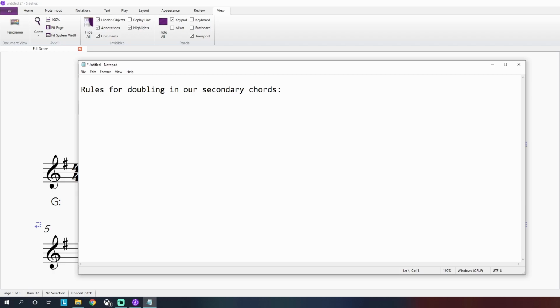Well, when we start dealing with more expansive chord progressions in later videos, when we start inserting things like secondary chords or replacing primary triads with their secondary substitutes, we need to make sure that we understand the doubling rules for those given chords. So for chord 2 and chord 6 in root position, we want to double the root or the third if it results in better voice leading.